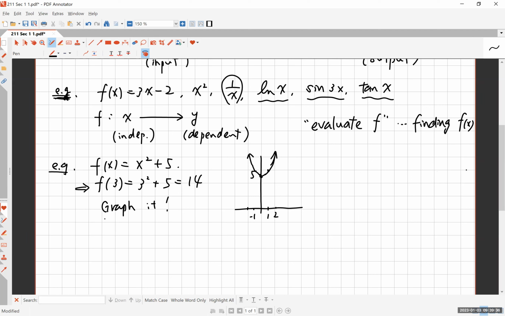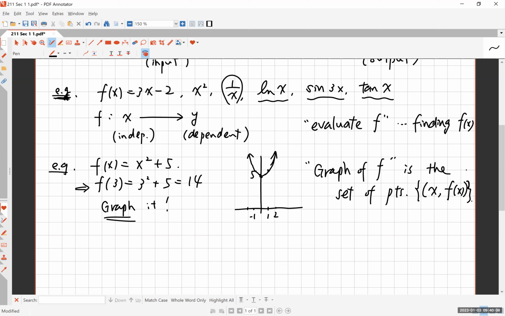But let's stop and think about what we mean by a graph. A graph is what? It's a visual representation of the function, of course, right? But here's a technical, or more precise, definition of the graph. The graph of f is basically the set of points. What points are they? Well, the first coordinate is x, and the second coordinate is y, which is f(x), right?